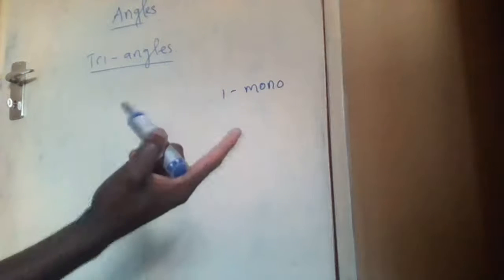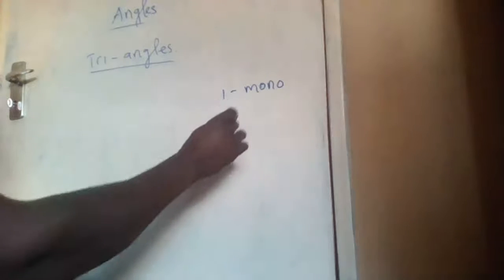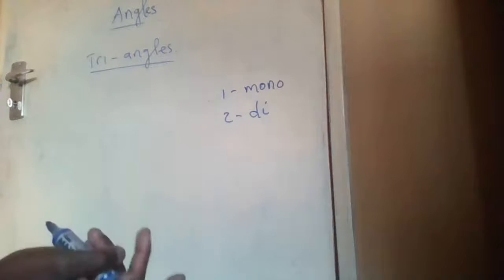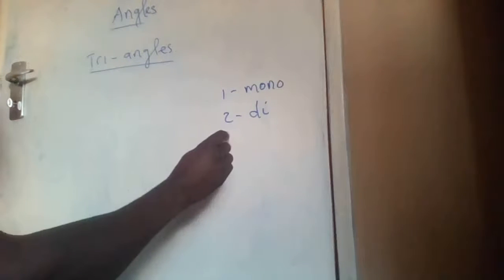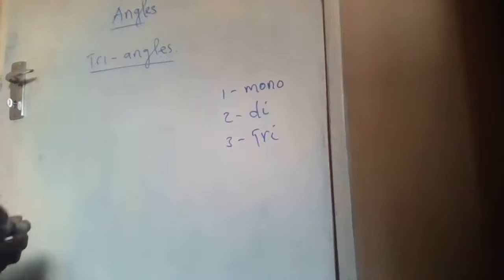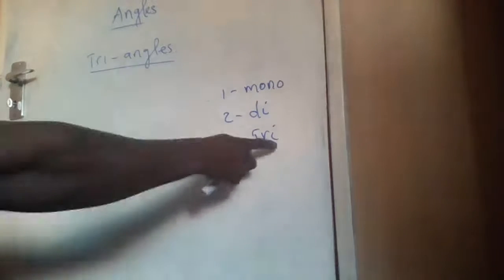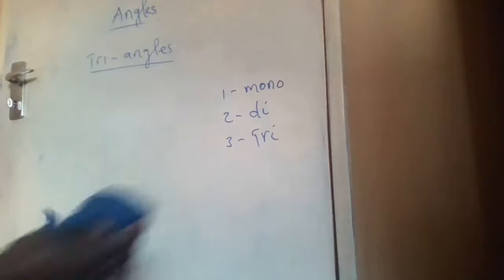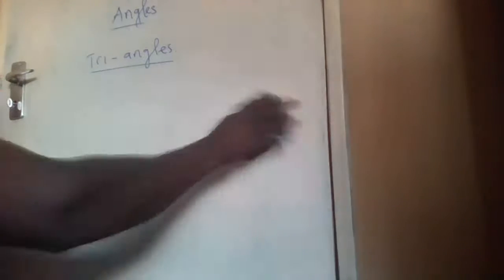Carbon monoxide, meaning 1 carbon and 1 oxide. Then for 2, we use di. Carbon dioxide, meaning 1 carbon and 2 oxide radicals. Then for 3, we use tri. Trimethylpropene. Tri means 3. So with triangles, we're talking about a plane figure that has 3 interior angles.